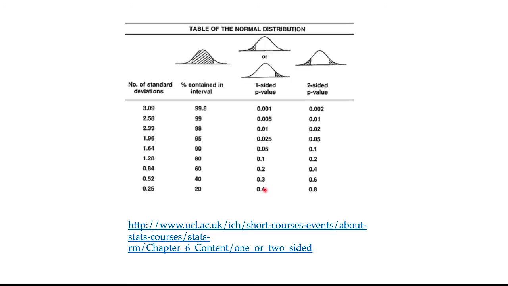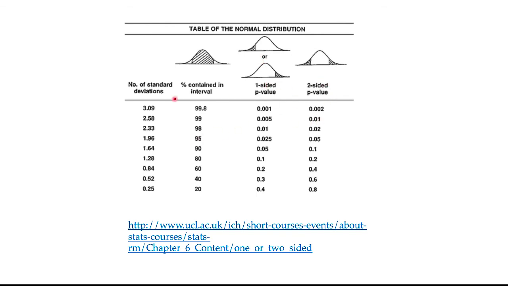Here's a handy table I pulled off the website here. There are many, many tables like this on the internet and in textbooks and other places, or you can calculate your own. Here's a number of standard deviations, standard uncertainties. Here's the confidence interval, the fraction contained in that interval. Here's the one-sided, one-tailed probability, and the two-tailed.